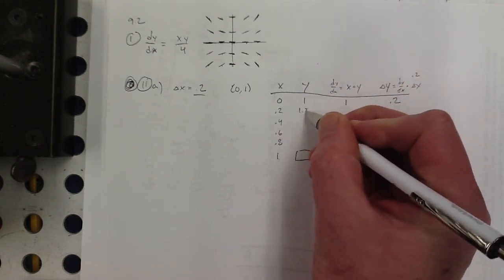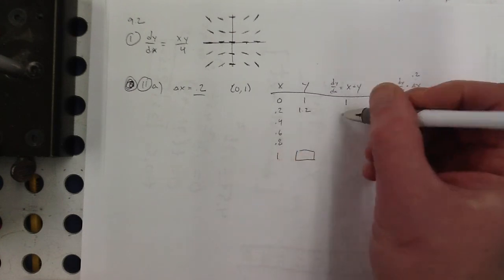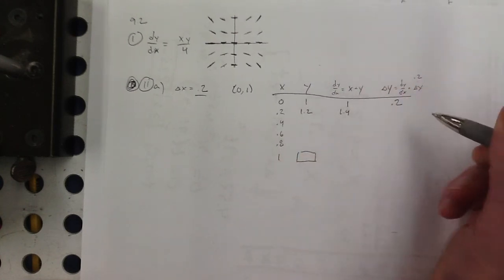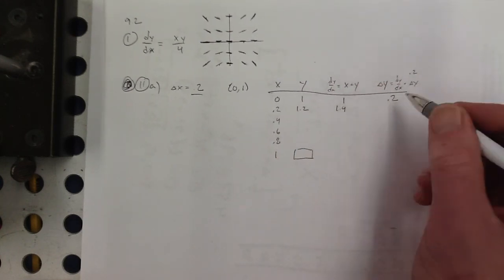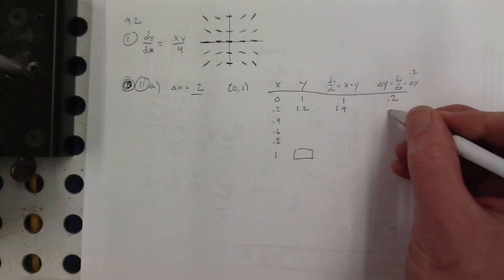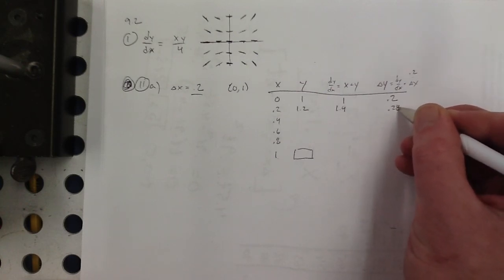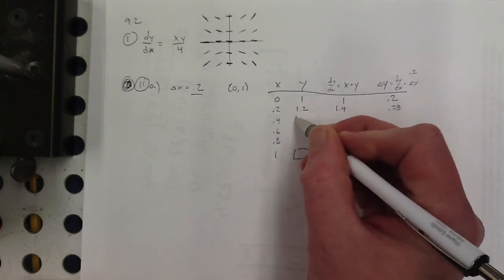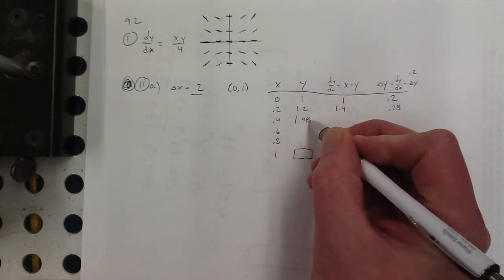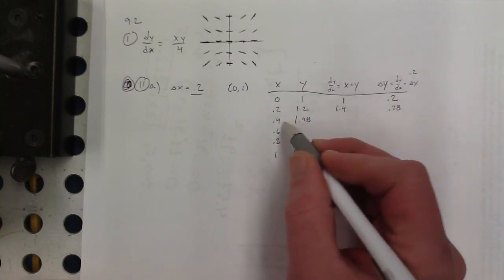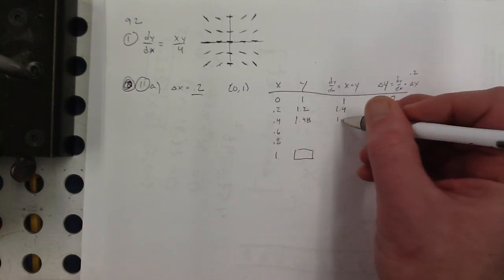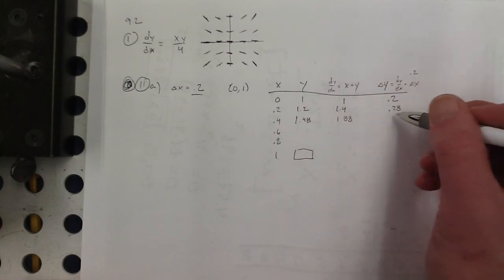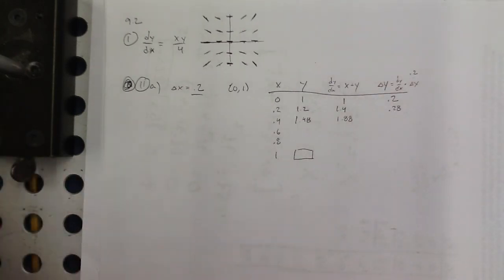And then that's the delta y, so I just add that to the y value. So now I have 1.2. Okay, add them together, 1.4, and multiply by 0.2. So that gives me, what, 0.28, I think. And then I add that to this. And then I add those together. And then I reach for my calculator.